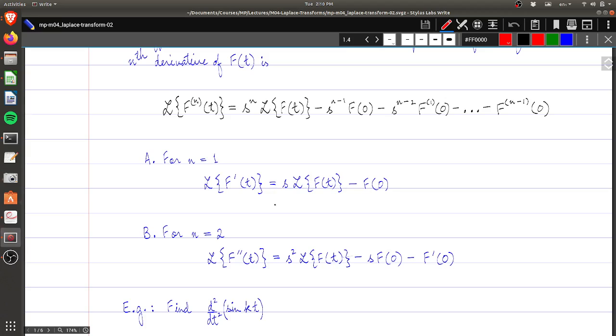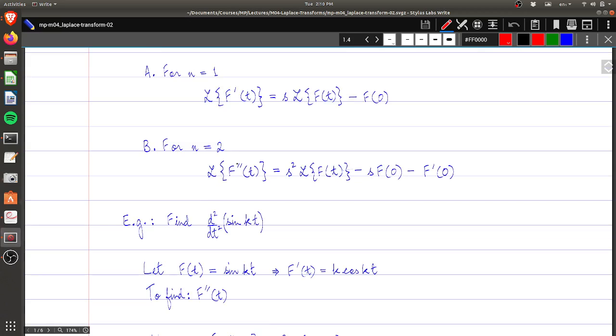So for n equal to 1, the Laplace transform of the first derivative, we'll have 2 terms. For n equal to 2, the Laplace transform of the second derivative, L of f double prime t, what will that be equal to? Again apply the formula: s to the power n, n is 2, so we get s square times the Laplace transform of the function, same as before.